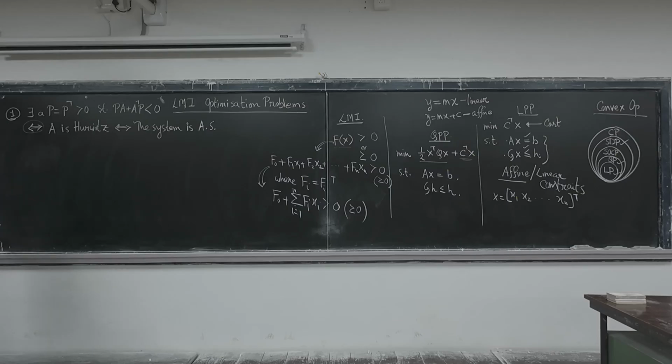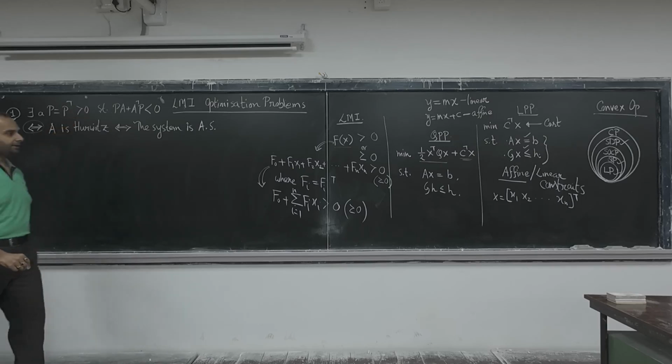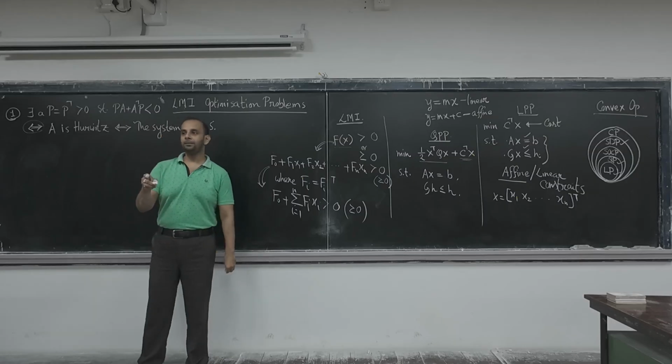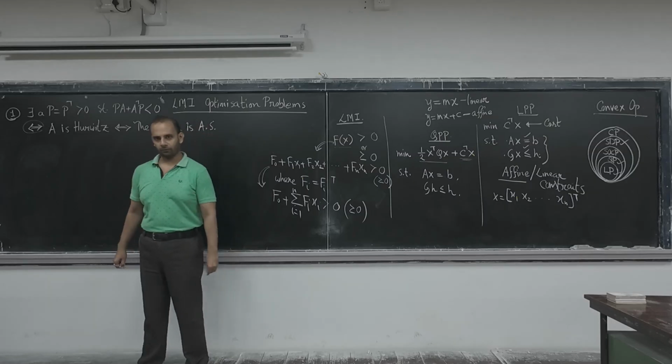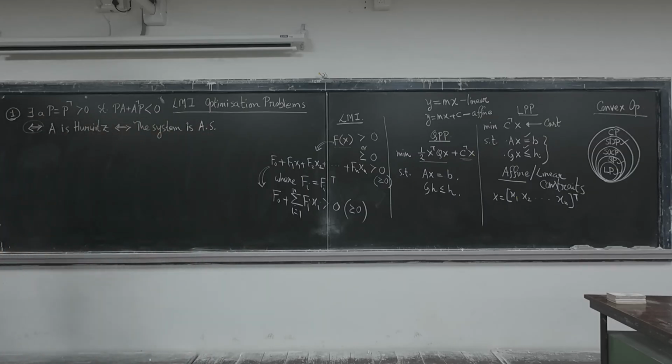In the first problem, we learned that PA plus A transpose P, which is not apparently in this form, can be easily translated into this form, right? That's what we learned. But that is very important for all of us, for those who missed it. That's why I'm recapitulating what I taught the last day.